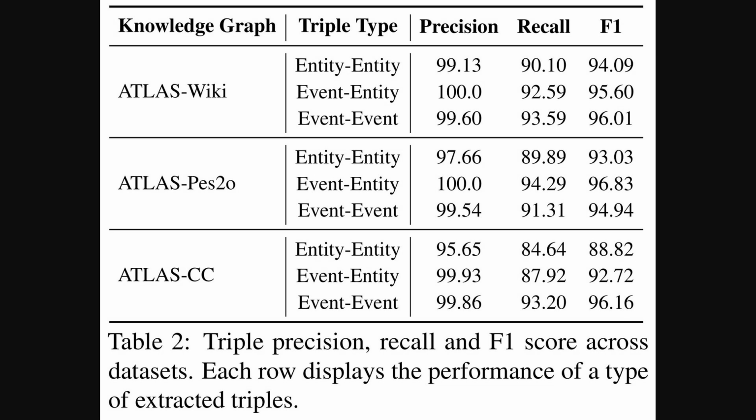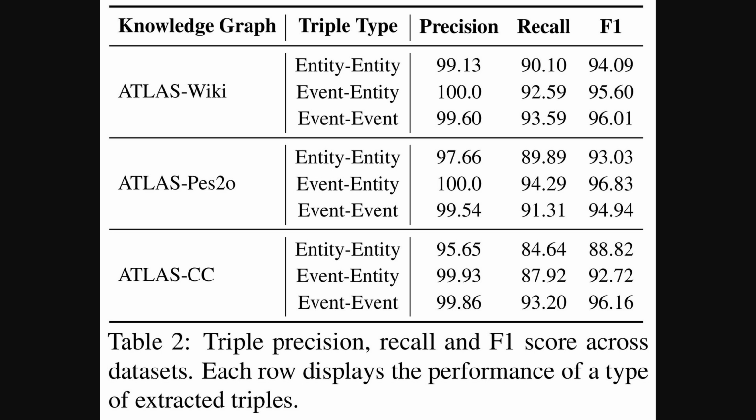So creating these different nodes is one thing, but how good is the system at actually extracting the facts that connect them? Well, this table gives us the answer. It shows the quality of the extracted triples, those little units of fact, across different data sets. It's measured using 3 key metrics: precision, which tells us what percentage of the extracted facts are actually correct; recall, which tells us what percentage of all available facts in the text were found; and the F1 score, which is a combined measure of both.